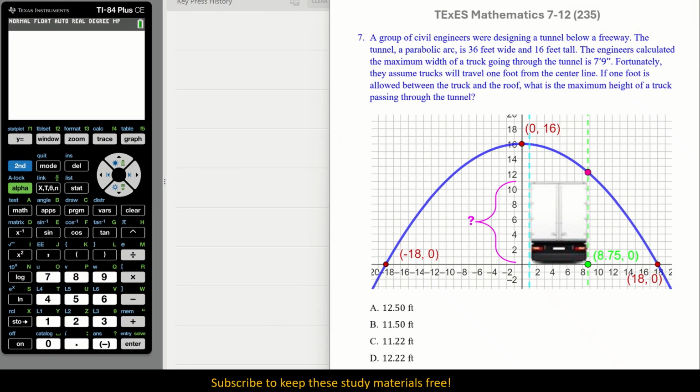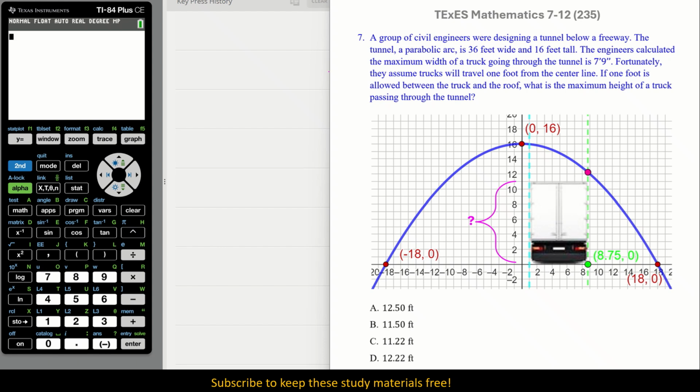Number 7. A group of civil engineers were designing a tunnel below a freeway. The tunnel, a parabolic arc, which would be a negative parabola situation, is 36 feet wide and 16 feet tall.